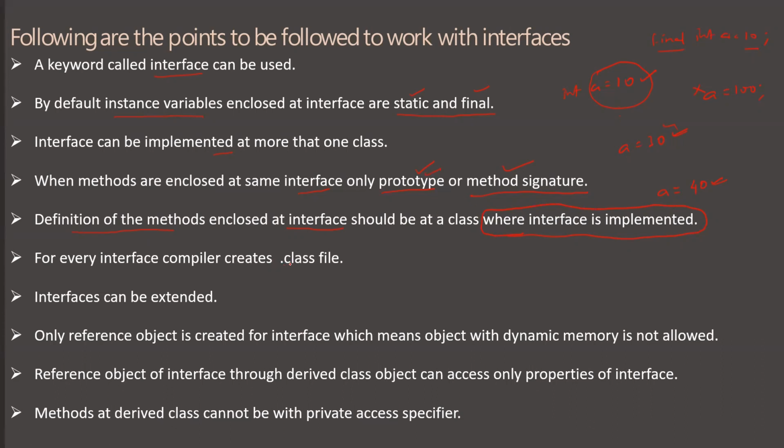For every interface, the compiler creates a .class file. We know that whenever a class is created, suppose I'm going to create a class by name add, internally it generates 5 files. First one is add.class file, .obj file, then .exe file, then .batch file.